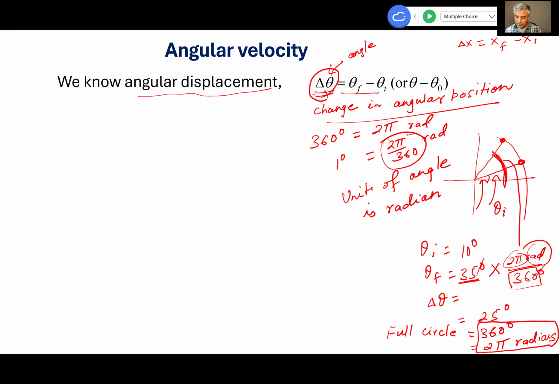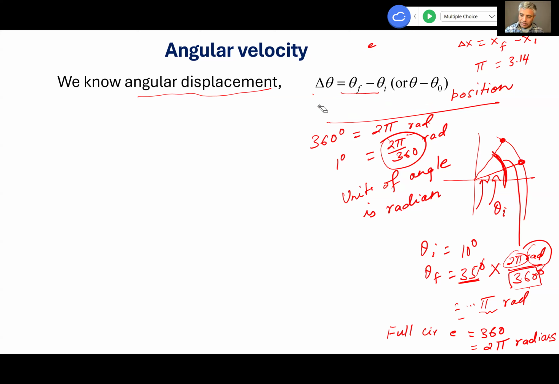So you have to divide 35 by 360 and you'll get a fractional number times pi radian. If you want to convert that pi into numbers as well, then pi is 3.14 approximately. Okay, so that's about the unit of the angle, the SI unit we use.